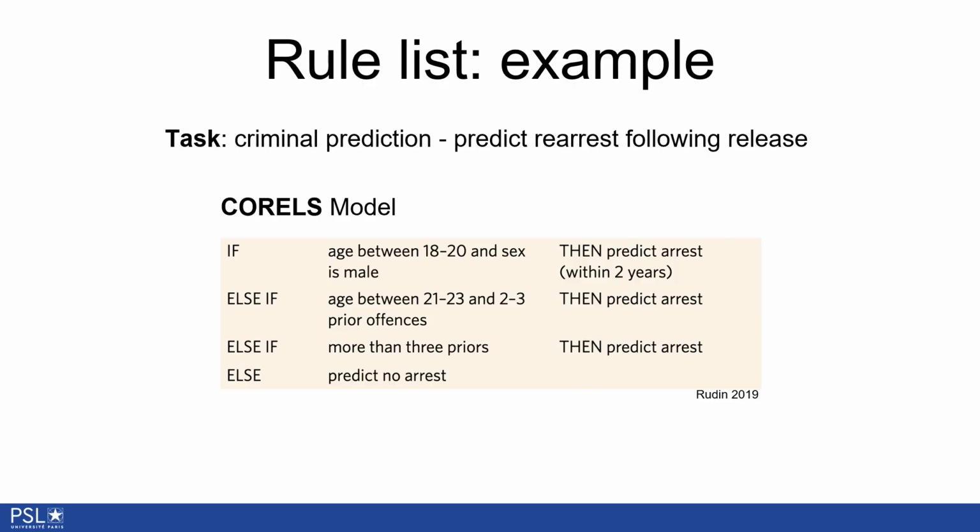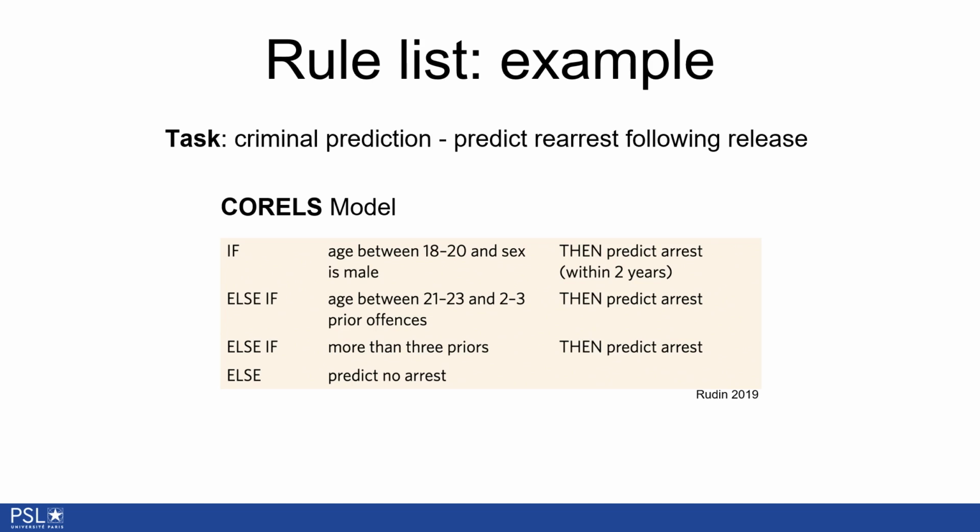For concreteness, let's look again at the same example as for decision trees, the criminal prediction task that we have just discussed. The study by Rudin and colleagues optimized a minimal rule list model for this task, and this model is summarized here. If the age of the inmate is between 18 and 20 and they are male, the model predicts high risk of arrest.